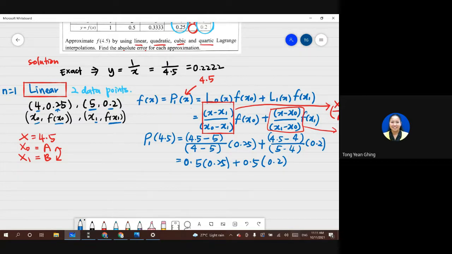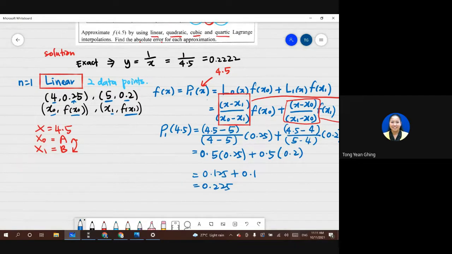So this one is 0.125 plus 0.1, so equal to 0.225.